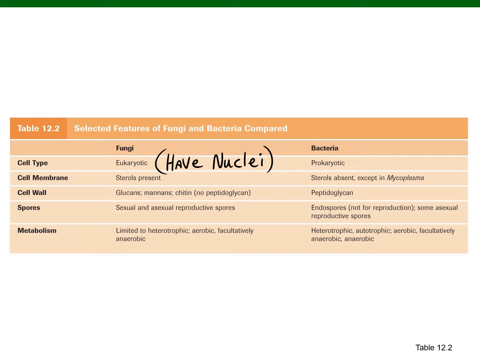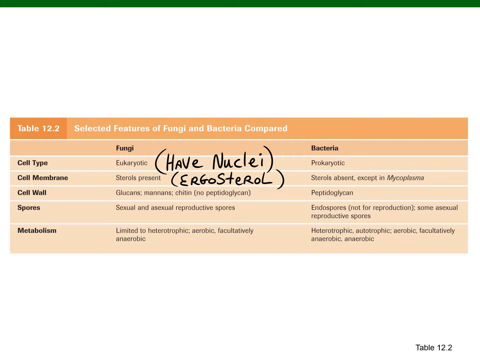And cell membranes in fungi contain sterols. Animals have the sterol called cholesterol, but fungi actually have a unique type of sterol called ergosterol. Whereas bacteria typically lack sterols, except for Mycoplasma, which is a parasitic bacterium to humans.